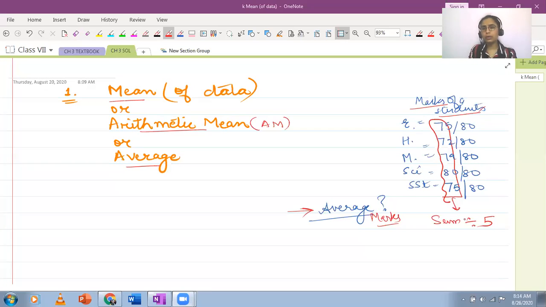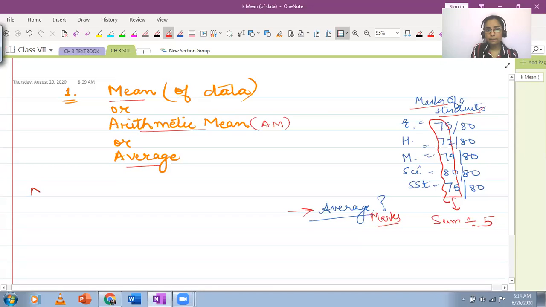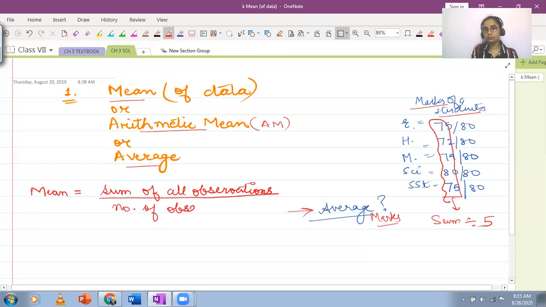So you can write down this example in the working column, but in your fair work, I want you to write down this, that mean is equal to, we are going to write down the formula for this one, sum of all observations. So whatever values you have in the list, first add all of them, and in the denominator, we are going to divide by the number of observations.